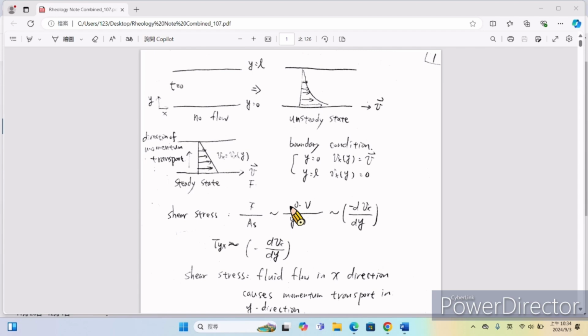Shear stress we can consider as force divided by area, and this shear stress will be in proportion to the difference in velocity divided by the gap distance y. So let's say it's minus dvx/dy. Then we say tau yx will be in proportion to minus dvx/dy. That's the basic concept of fluid mechanics.